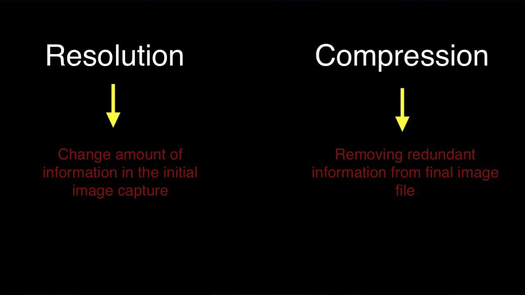If you set the camera to a higher resolution, you're allowing the camera to record more information in the way of color and detail. Having strong compression of a photographic file actually reduces the amount of information that's saved to the memory card. And having a lower resolution set on the camera actually lowers the camera's ability to capture the information in the first place.